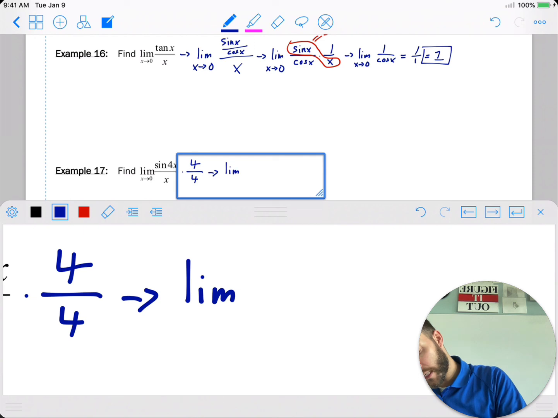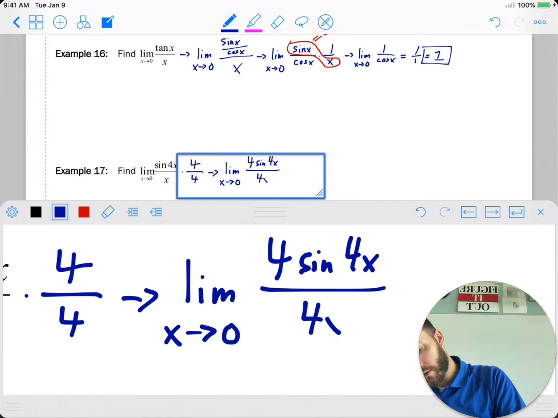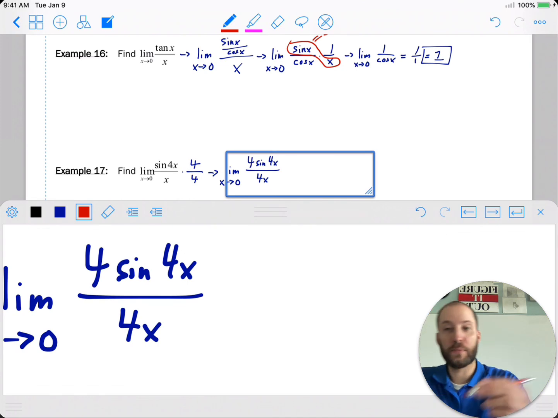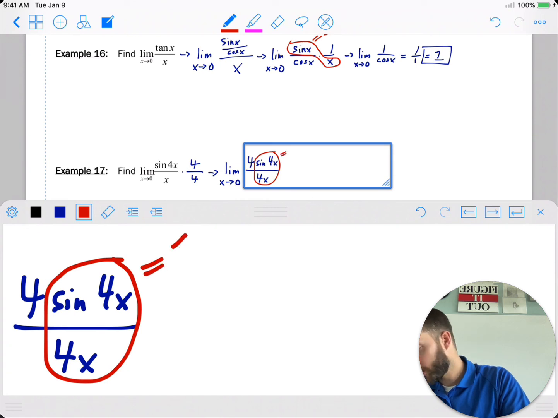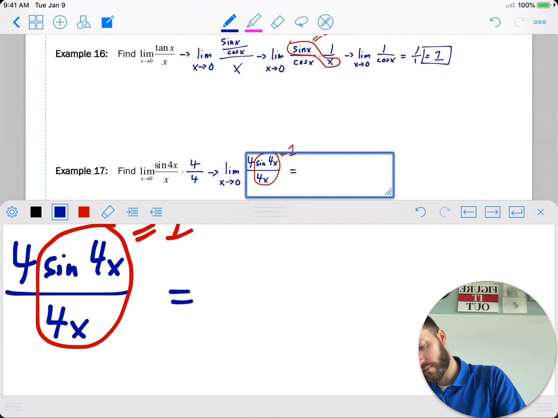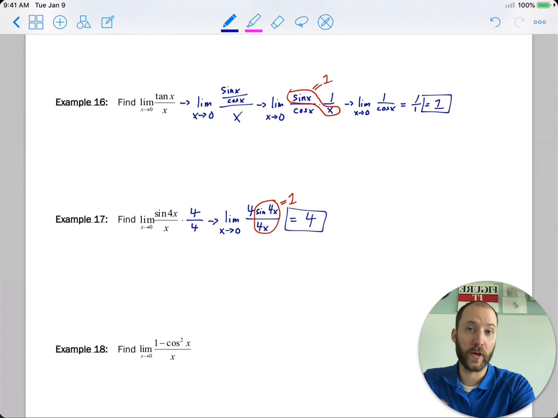So the limit as x approaches 0 of 4 sine of 4x over 4x. And now you got the same thing in the top and the bottom. And sine of something over that something is the same as 1. So you're just left with 4.